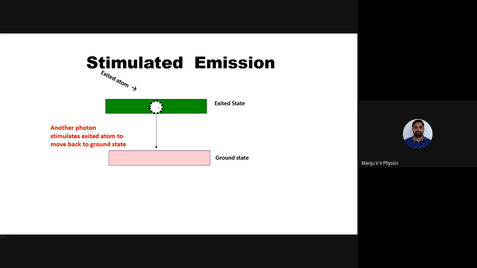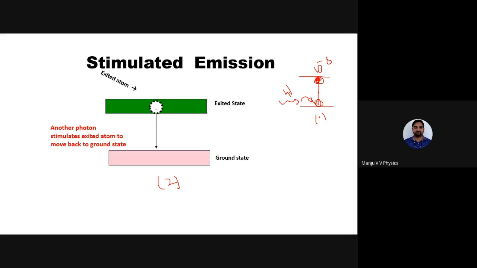So again, the first process is over: atom was in the ground state, you gave some energy h nu, the atom absorbed this energy and got elevated. It stays up to 10 power minus 8 second. This is the first case, and this is the second case: within 10 power minus 8 second, you have to stimulate.